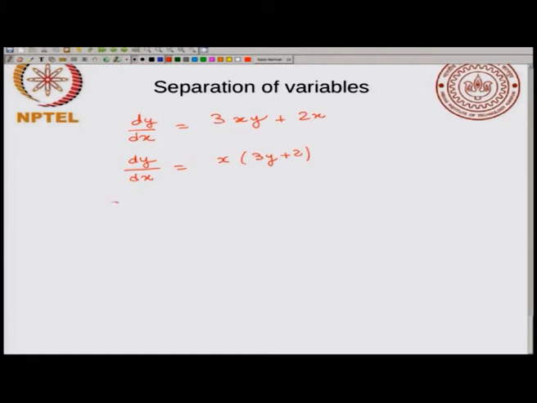Then you will collect all the y terms on one side: dy divided by (3y plus 2) is equal to x dx.